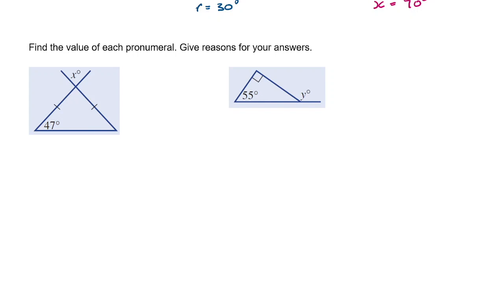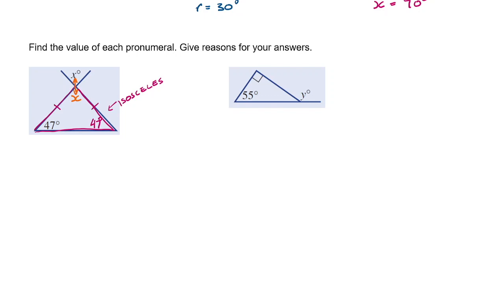So we know that there are some vertically opposite angles in here. These guys are vertically opposite, so this one here should also equal x. We know that these are isosceles triangles. So this is an isosceles triangle that I've marked here in pink. It's an isosceles triangle, so we know that this little corner in here is also 47 degrees because we know those rules.